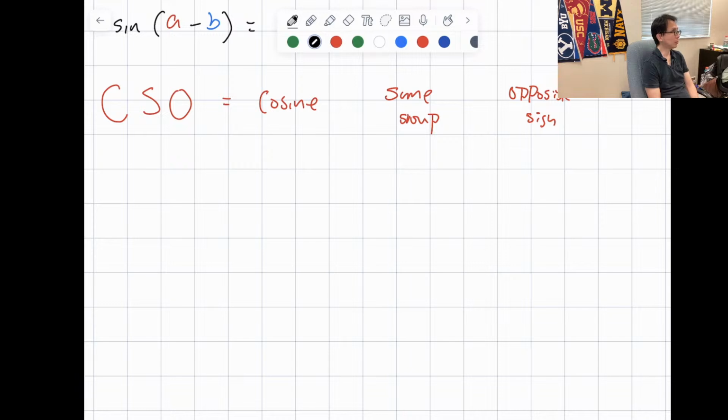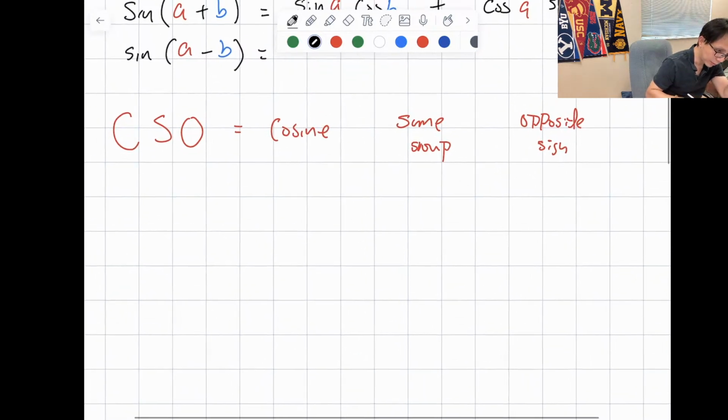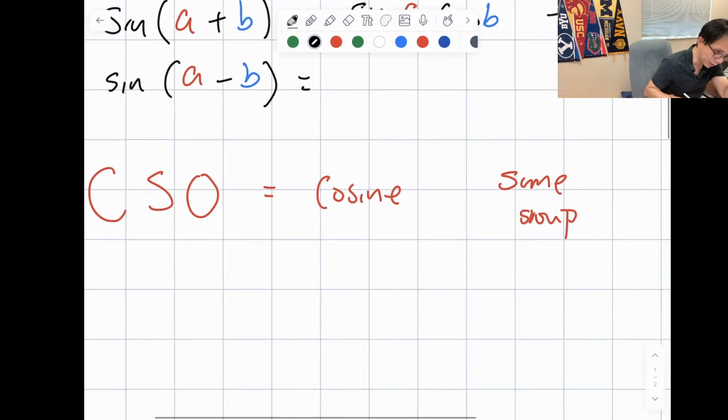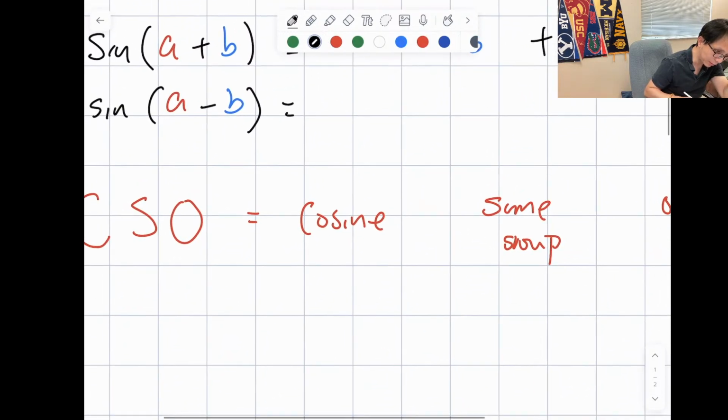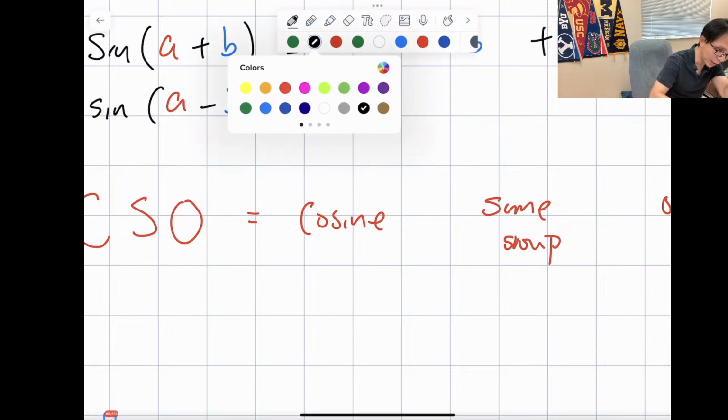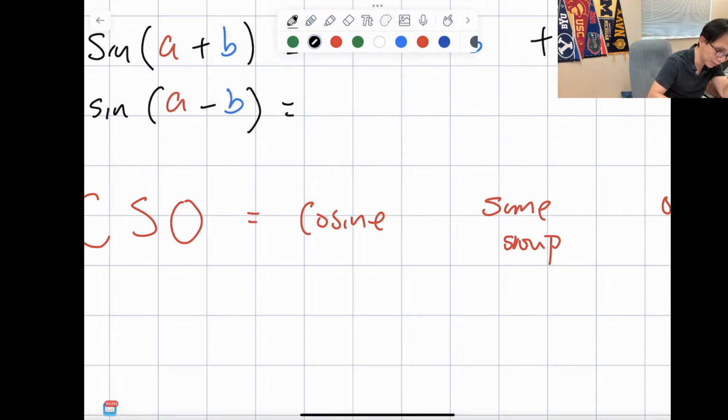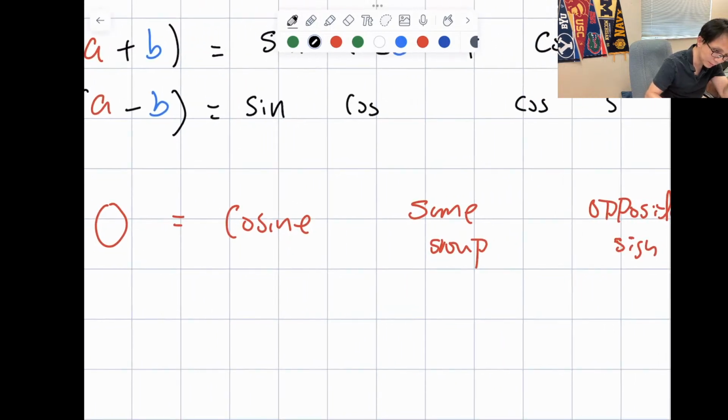Did you write it out? So I'm not even gonna look at the one on the top. I'm gonna cover it up. I'm gonna say, well, this is a sine, so it must be sine cosine, cosine sine.